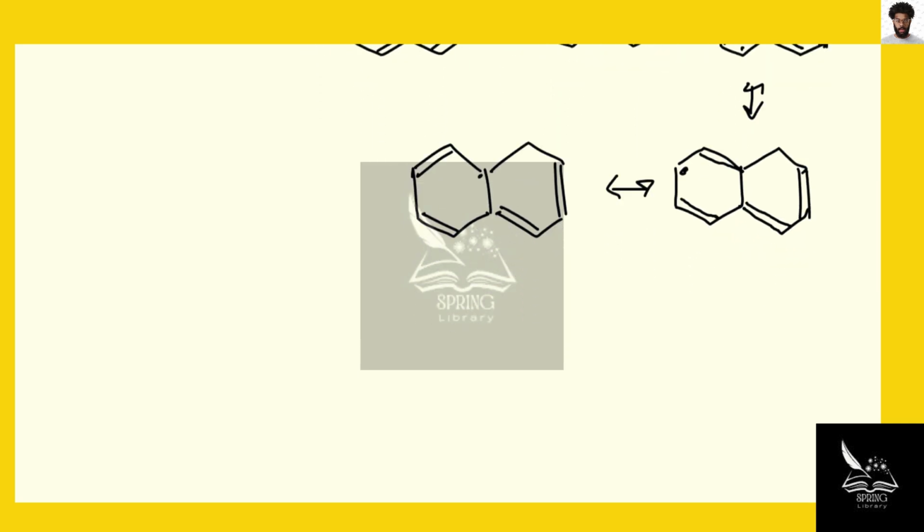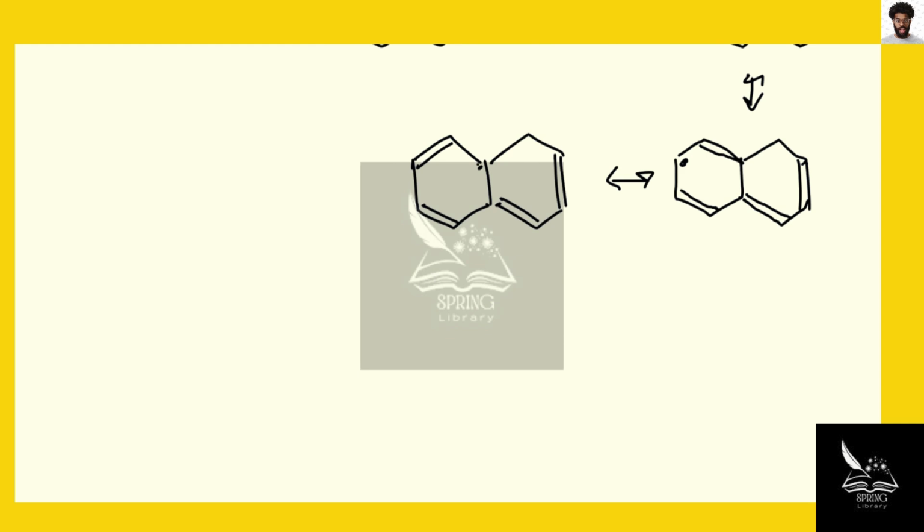There is in fact another resonance structure we can draw, because now this radical is neighboring this bond, which means this radical can move 1, 2 down here, and the double bond will move into that central position.